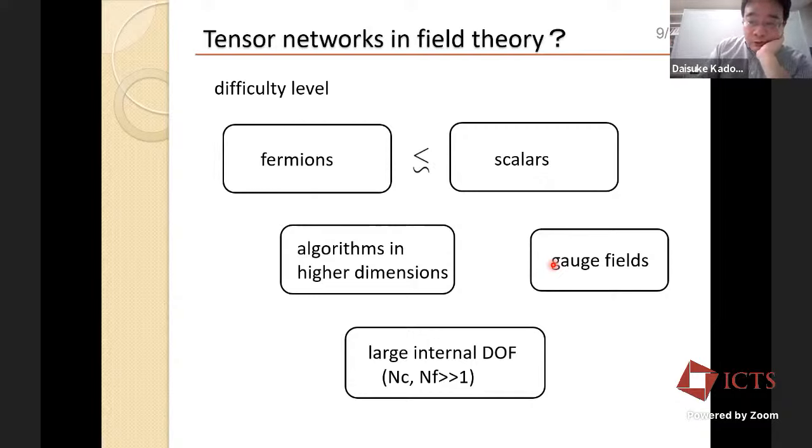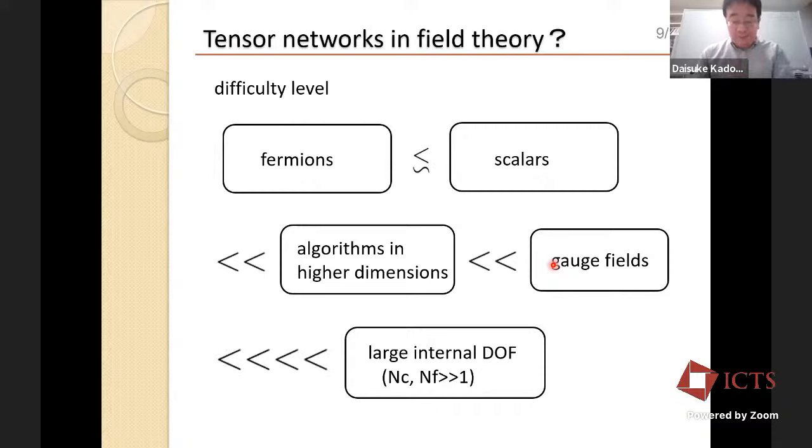So we need to make a new method to define tensor network method for SU3 gauge group. And it's a little bit difficult to find a good algorithm in higher dimensions. And I think the most difficult problem is to find a good TRG method for large internal degrees of freedom.